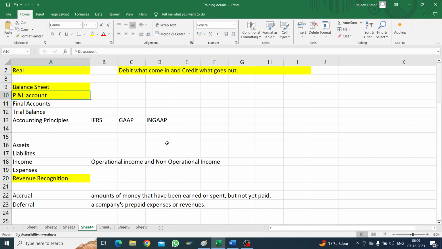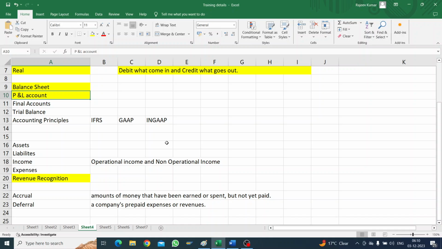For example, suppose the company has sold one asset and made some profit out of it. That kind of profit will not be considered operational income. It will be considered non-operational income. Similarly, if the company has made some investment and made some profit out of it over a period of time, that also will be considered non-operational income.